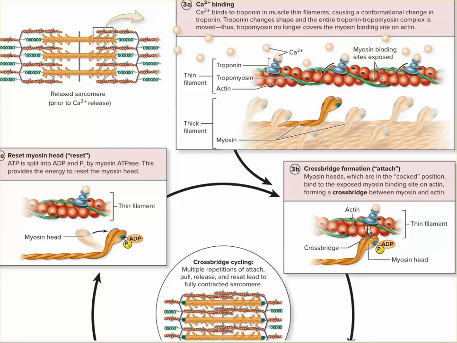It binds. The myosin head can't be bound to ADP and P and actin at the same time. So as soon as that bond is made, then the ADP and P leave.